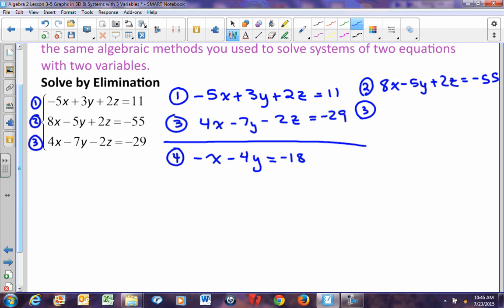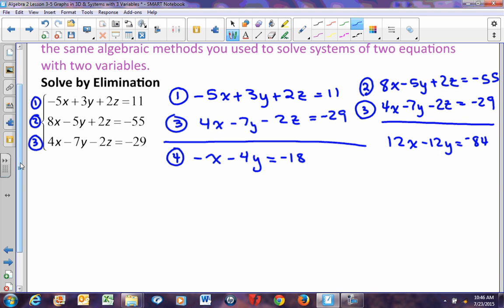Equation number 3 says 4x minus 7y minus 2z equals negative 29. We need to add those together. 8 and 4 is 12, so 12x, minus 7 and minus 5 is minus 12y, equals negative 55 and negative 29, which is negative 84. This becomes equation number 5.